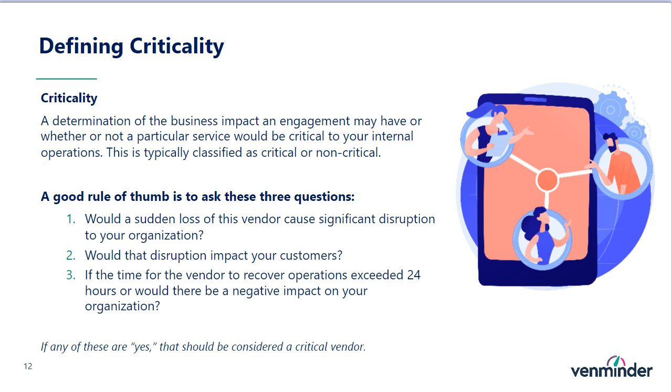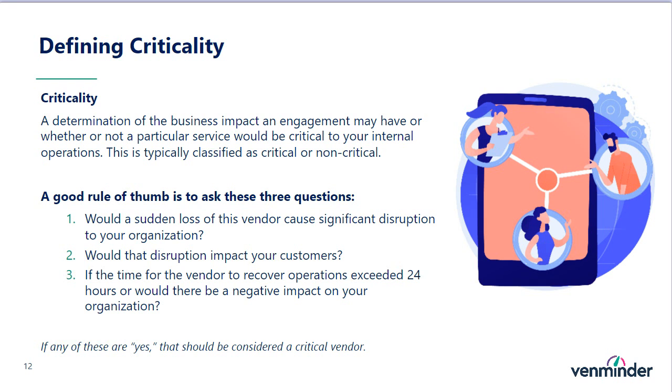So one of the things that can help us determine how to treat a vendor is to determine if they're critical to our organization or not. So criticality is really about business impact, and it speaks to that small subset of vendors that would really negatively impact your organization or your customers should they fail or have an unplanned outage, etc.